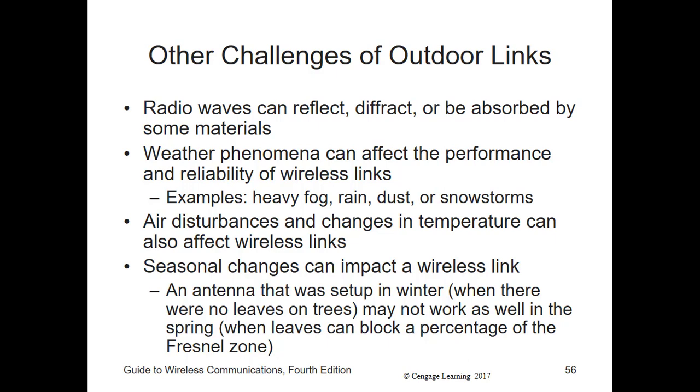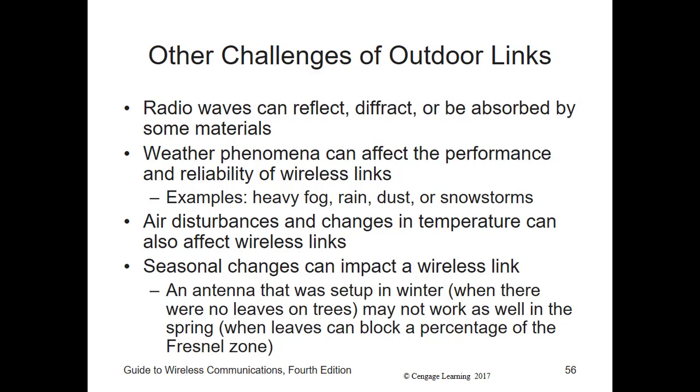Weather, such as heavy fog, rain, dust, snowstorms, or air disturbances such as air masses rising quickly from the ground because of the sun heating up a surface in deserts or other hot areas, and significant drops in temperatures that occur in deep valleys during the course of a day, can all affect the performance and reliability of a wireless link.